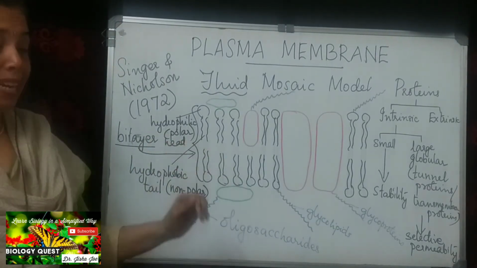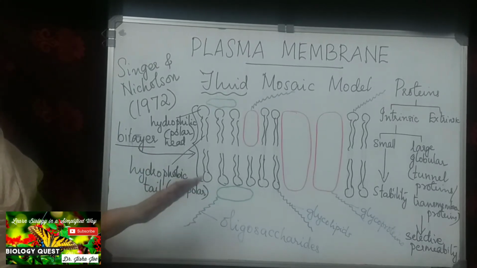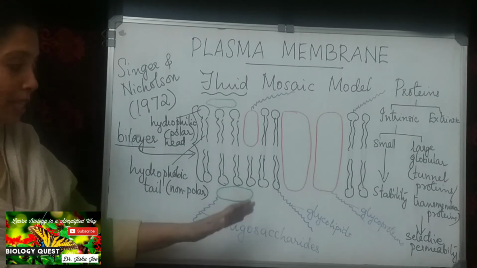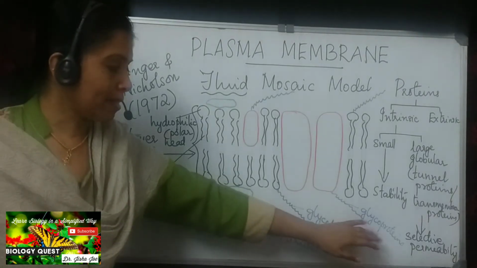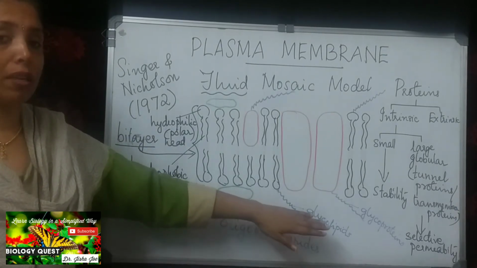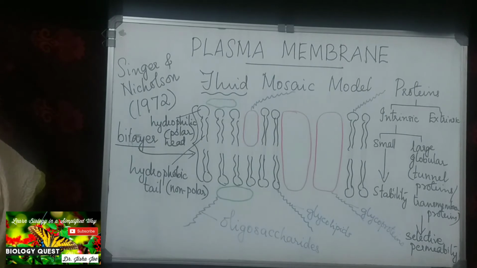Then coming to the next component, the oligosaccharides. When they are attached to the proteins, they are called glycoproteins, and when attached to the lipids, they are called glycolipids.